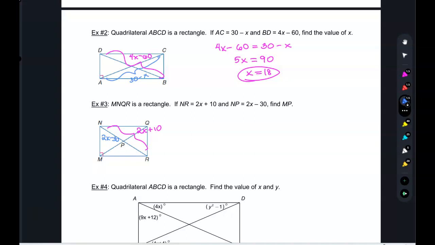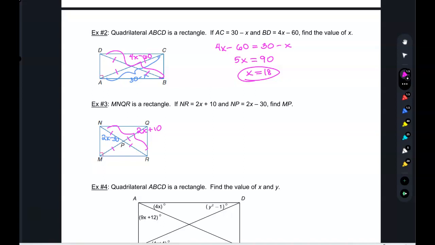Diagonals bisect each other, and now that we know that the diagonals are also congruent, all of these 4 segments are going to be congruent to each other. Because they're congruent and they bisect each other, all of these segments are the same.